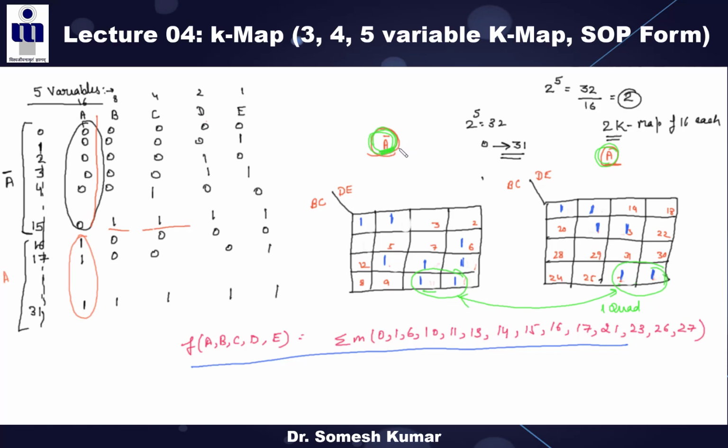Clear? So in 5 variables, you can also make the quads like this. Pairs also, you can make like this.